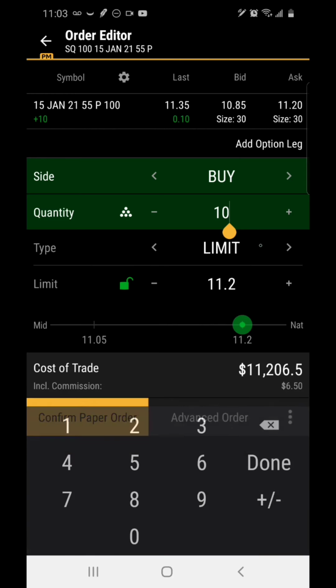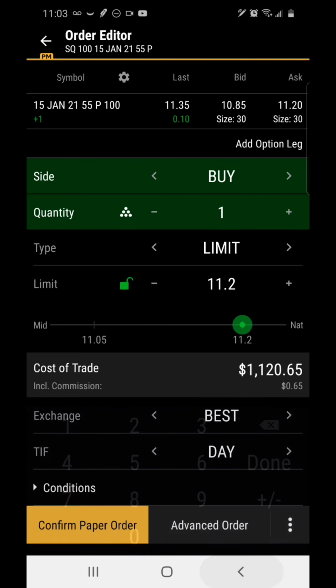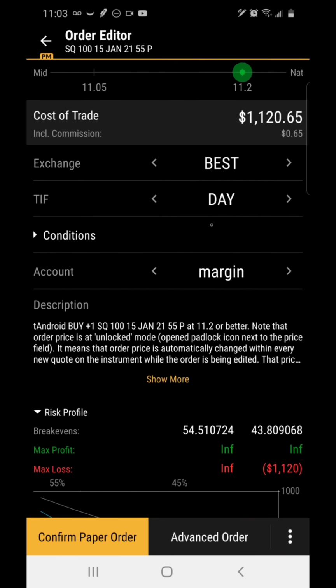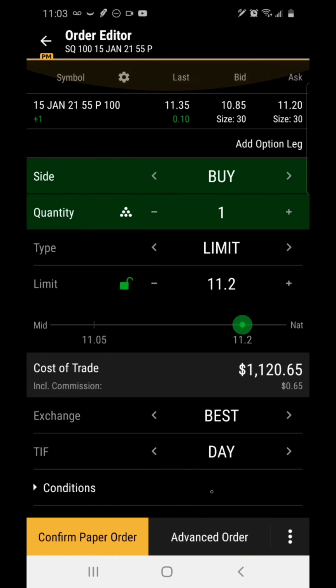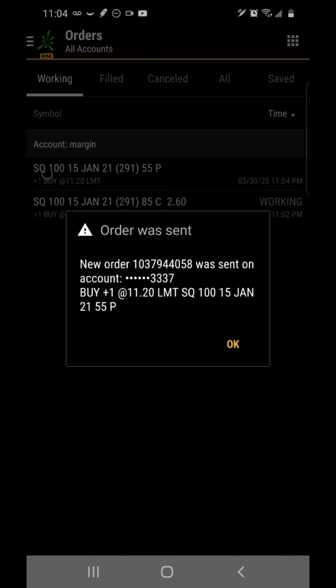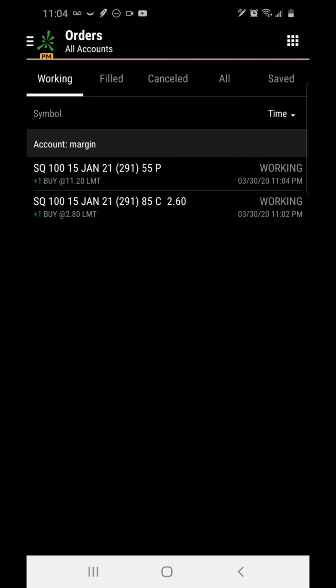Click on the ask price. Adjust the quantity. It's telling me that that position is going to cost me $1,100 plus the commission, the 65 cents per contract. Same way, if I think the share is going to drop, click to send the paper order, and there it goes.